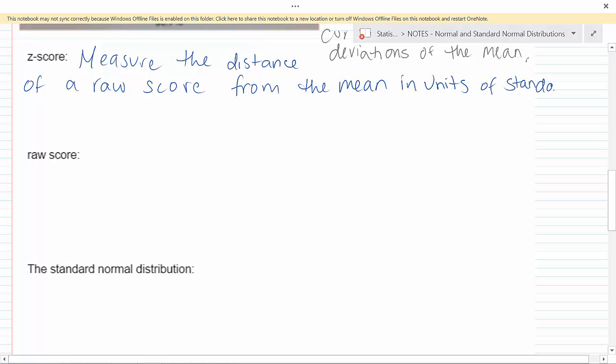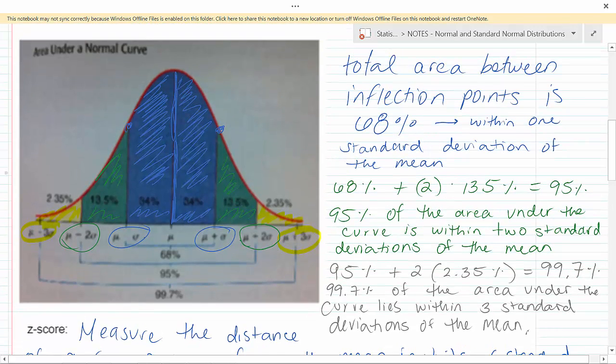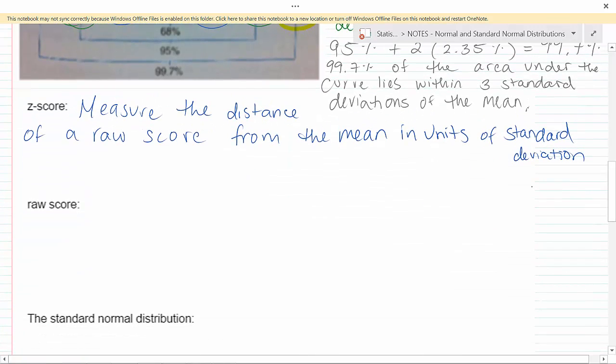And why would this be important? Well, let's look at what we just did. We just found areas under the curve based on how many standard deviations away from the mean we were. So if we can convert our raw scores to z-scores, we can start to find areas under that curve.